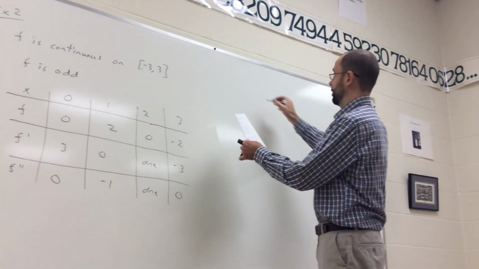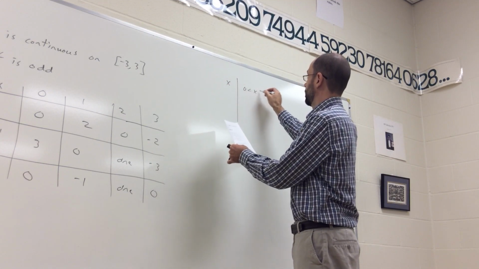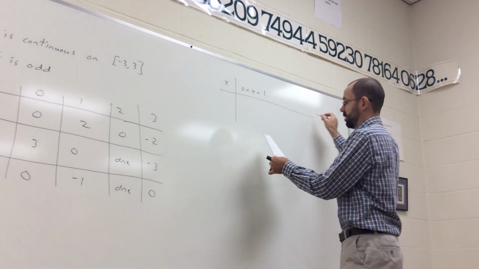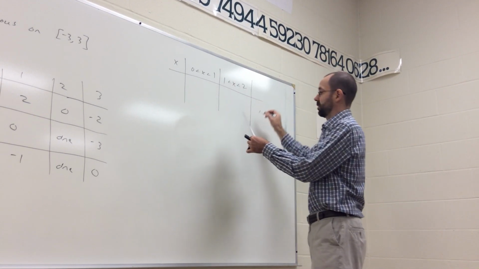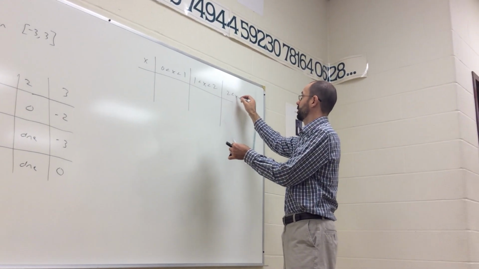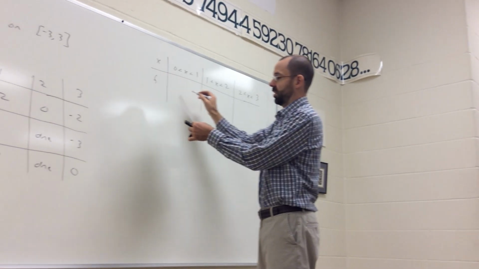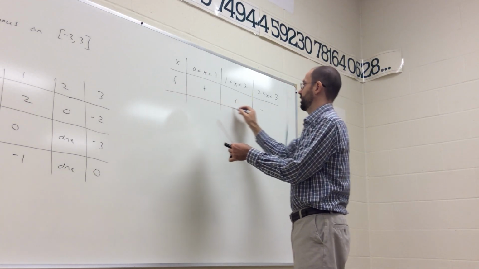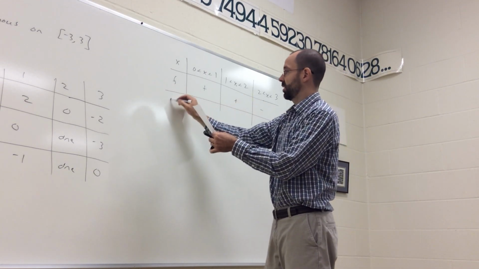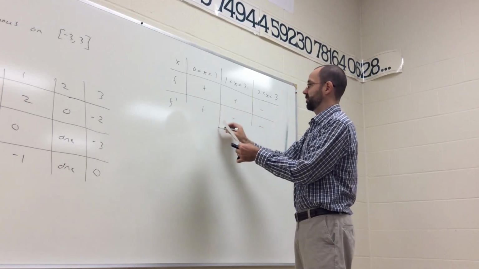Okay, then there's information about the derivative and the second derivative. So f is positive, positive, negative on those intervals. f prime is positive, negative, negative on those intervals.